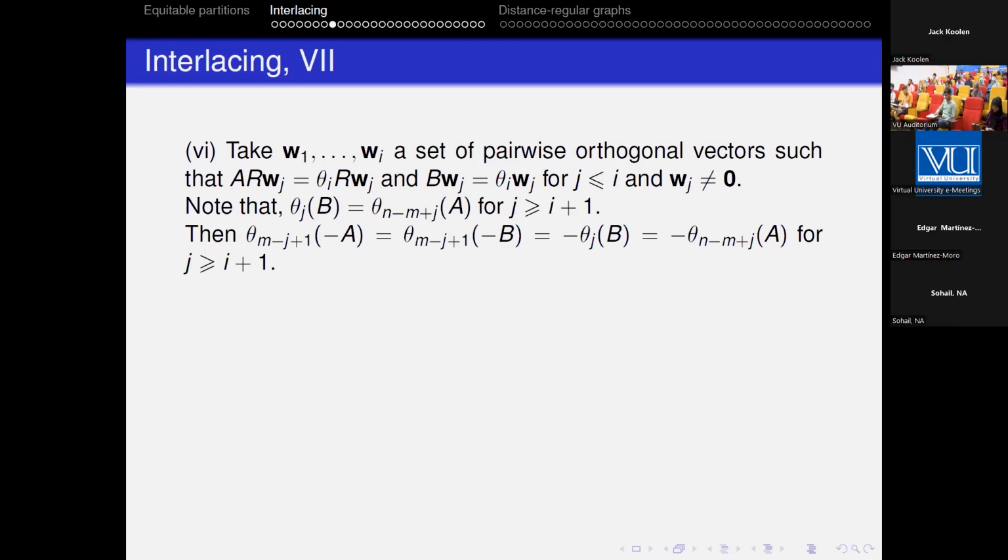If we go to minus A and minus B, then we get that they are also the same.